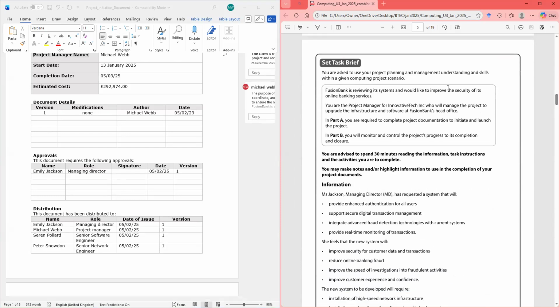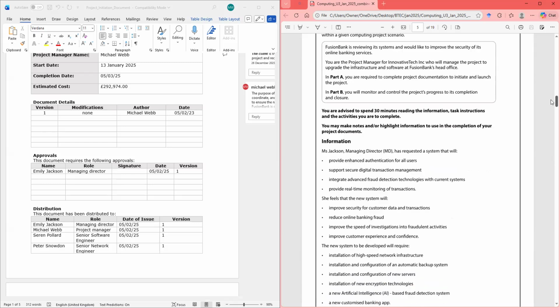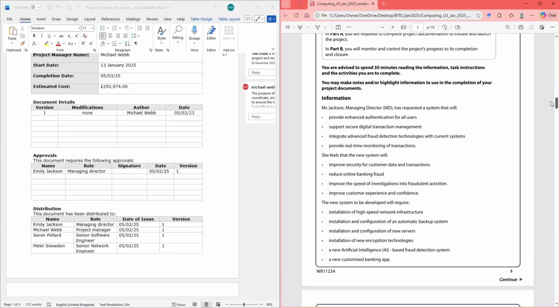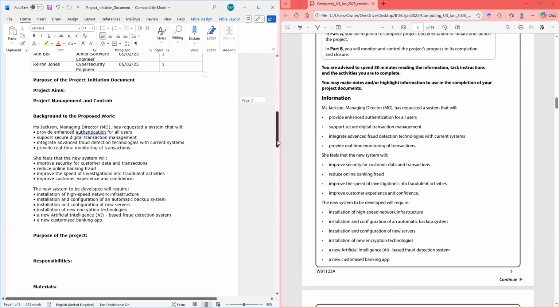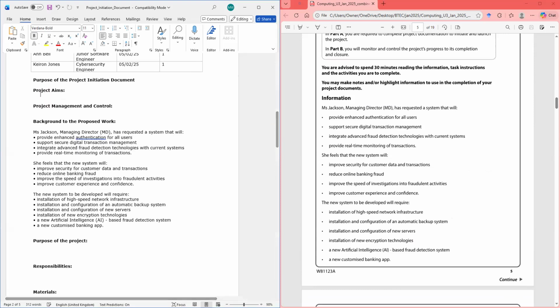So improve security of online bank service. That's what they want. And then you're going to say they want to, hold on, let's get back to it. Aim of the project. So let's just do a quick one so I can give you a good understanding.